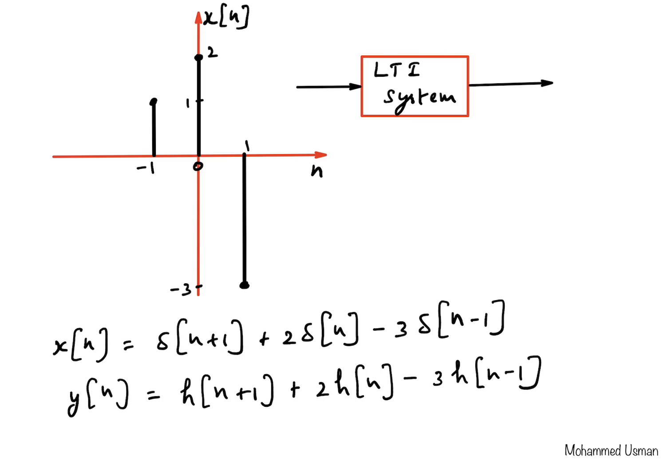Now if you notice, what is this 2 and minus 3 and the 1 here? It is nothing but this x of n, right?